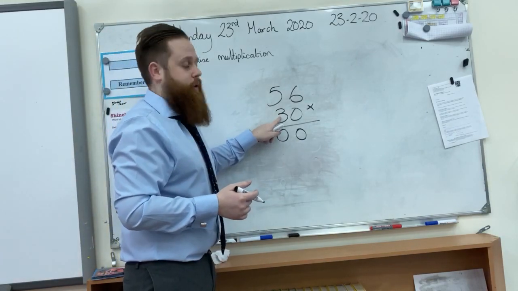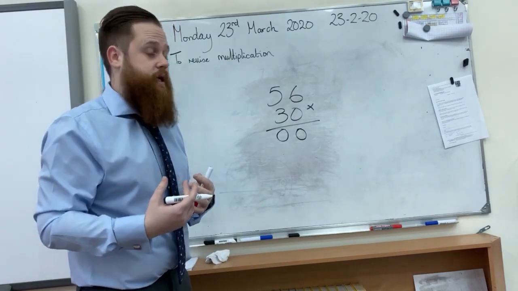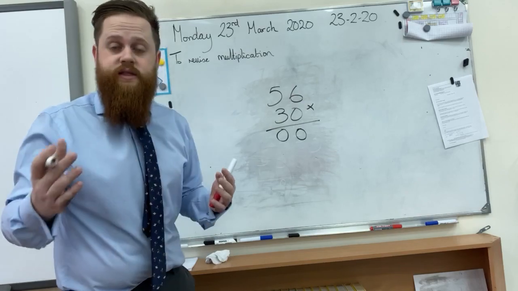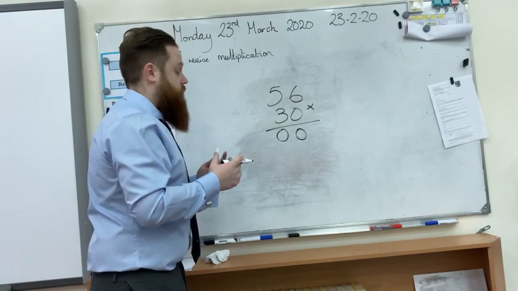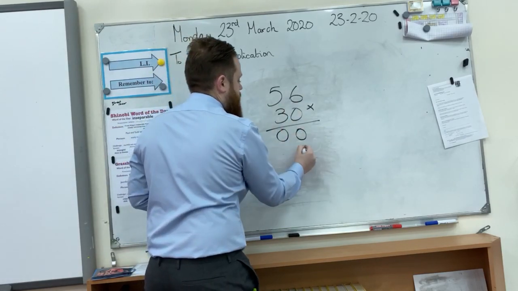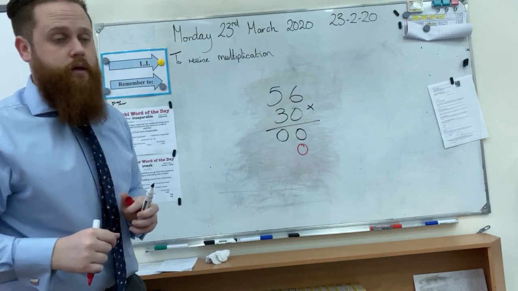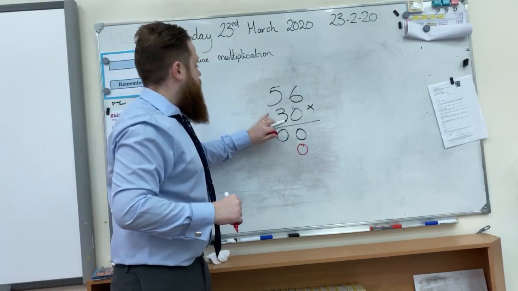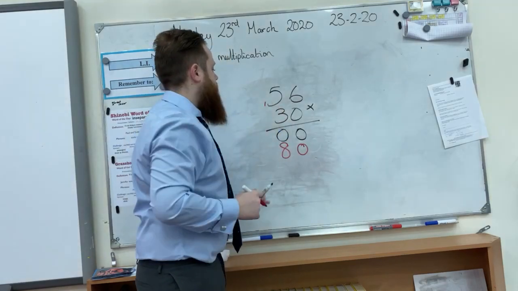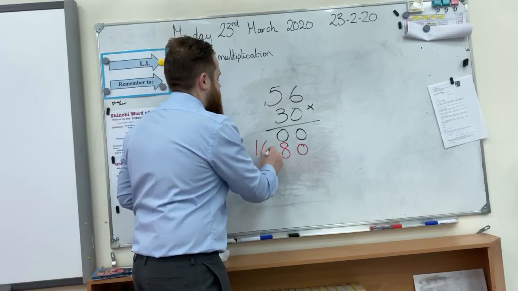On to my next step here, though, times 3, but it's in the tens column, so I'm multiplying by 30 here. Remember your golden rule, the 0 as a place value holder. So straight away, I'm going to put a 0 in here before I do 3 times 6. 3 times 6 is 18, so I've got that 8, and I can carry the 1. 3 times 5 is 15, add 1 is 16.